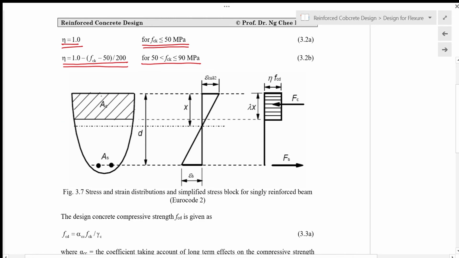From this diagram, there is a typical cross section with the concrete compression zone, and the neutral axis is here.